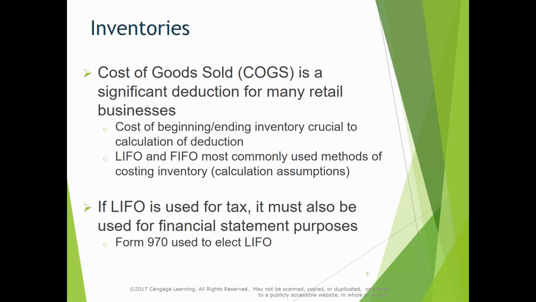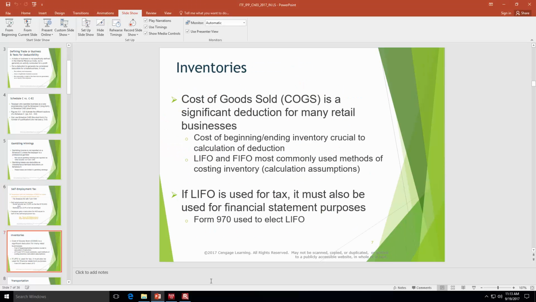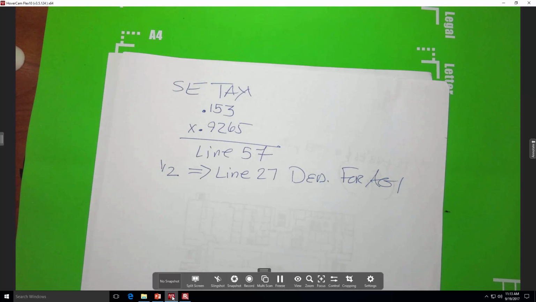Okay, inventory, cost of goods sold. Schedule C is a 2-page form. On the second page is your cost of goods sold section. And it reads just like our model. Who remembers what the model looks like for cost of goods sold?